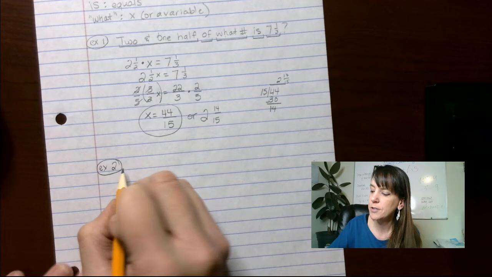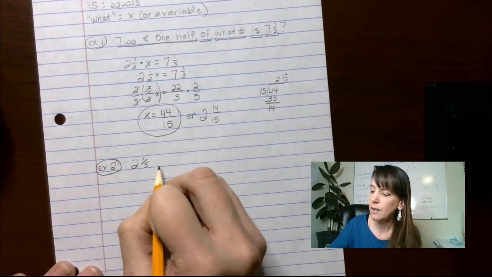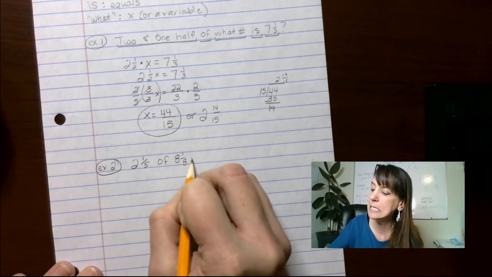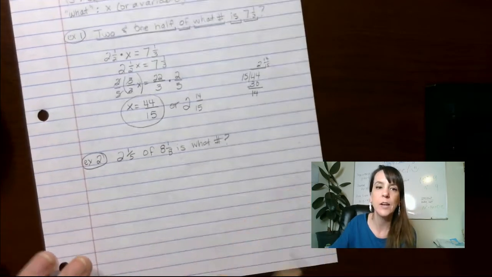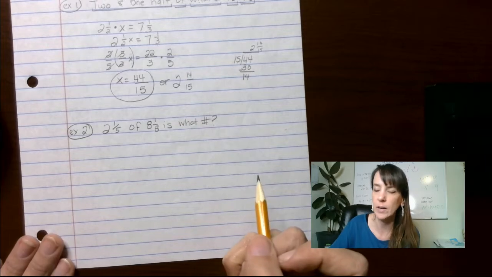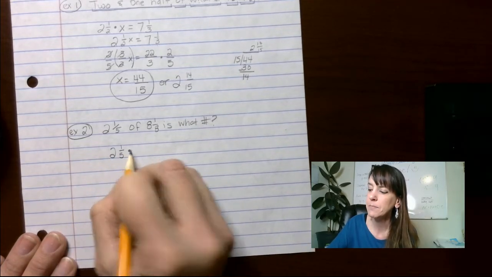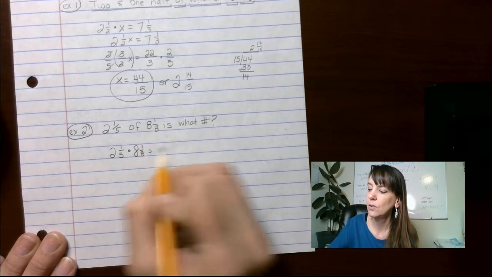2 and 1/5 of 8 and 1/8 is what number? Okay, once again, 2 and 1/5 of 8 and 1/8 is what number? So 2 and 1/5 of means multiply. 8 and 1/8 is what number?